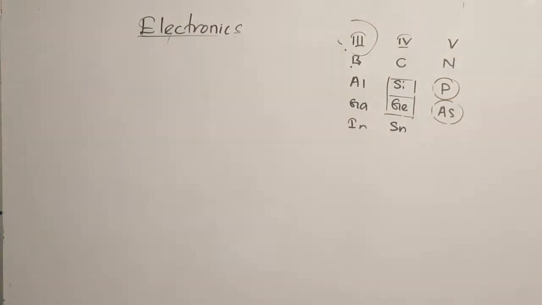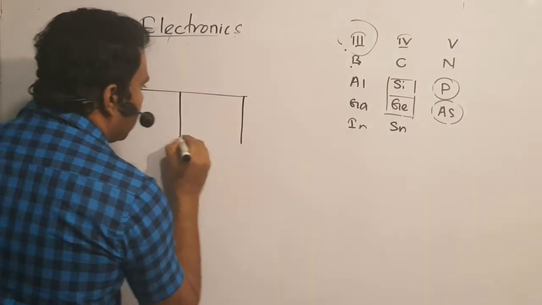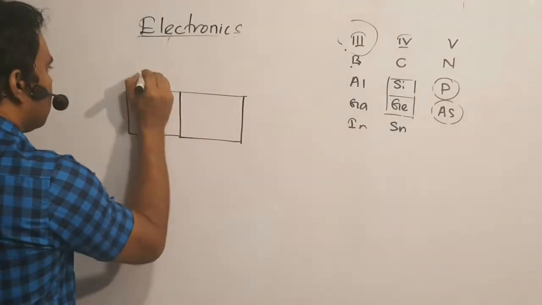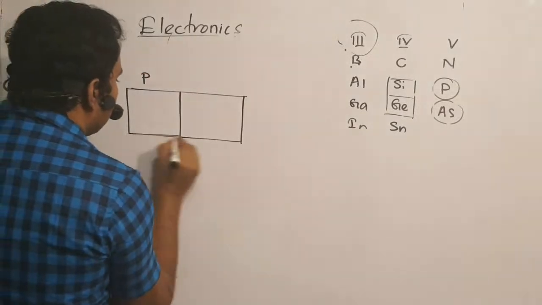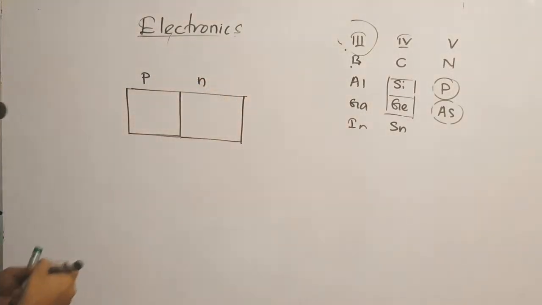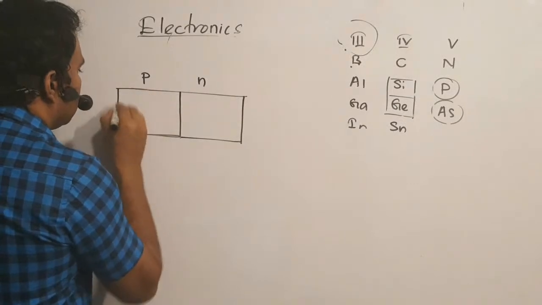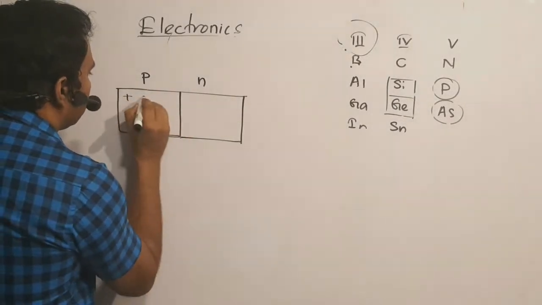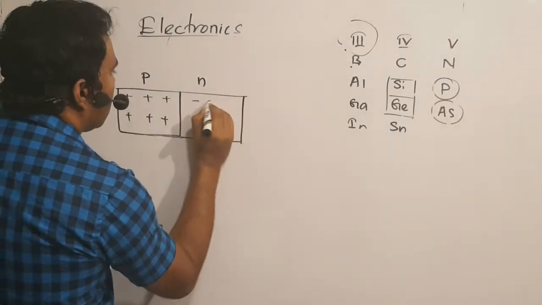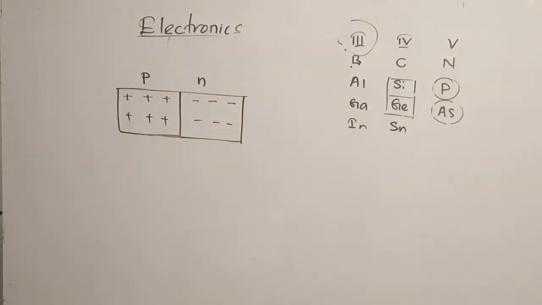What is produced? P type and N type of extrinsic semiconductors are formed by combining them together. So this PN junction is formed. Here majority carriers are positive holes, and here majority carriers are negative electrons.